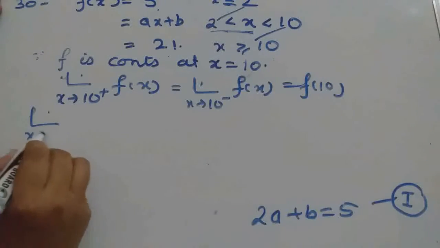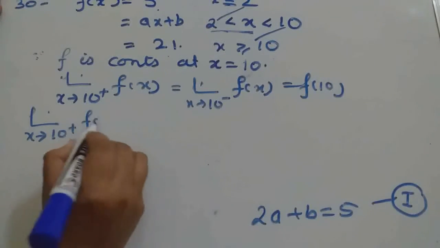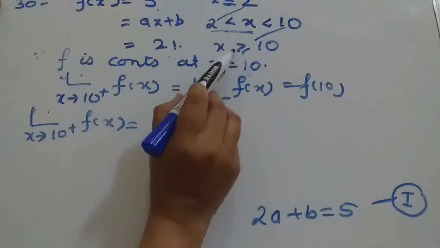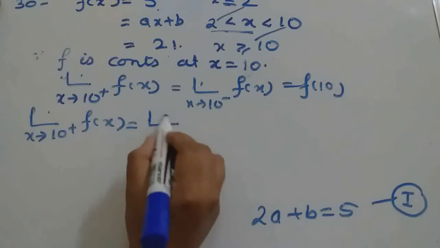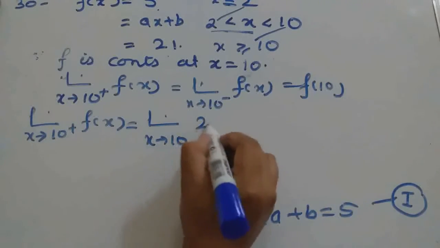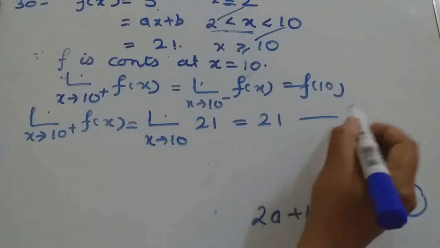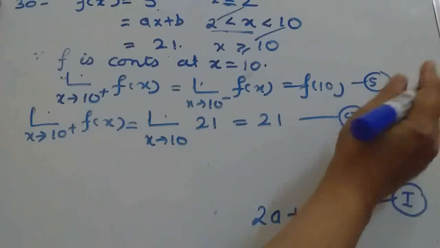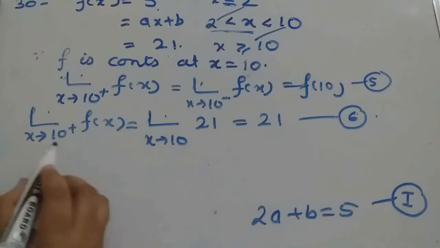We will find each expression one by one. 10 plus means x value greater than 10, which is in the third function. So we will write 21, equation number 5 suppose. This will be 5, and this we can consider as 6.